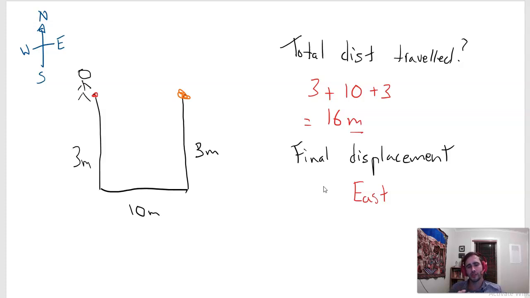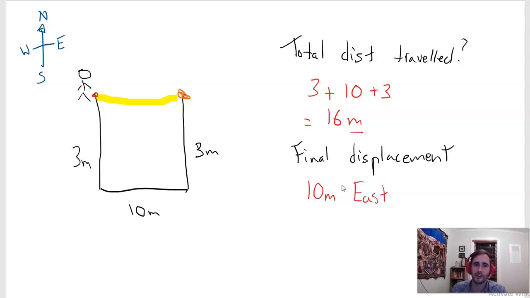But what's the magnitude? Is it 16 meters? In this case, it's not 16 meters, it is this magnitude here. In that case, it is actually 10 meters east. So the final displacement is using the concepts of origin and relative to far more than distance is.